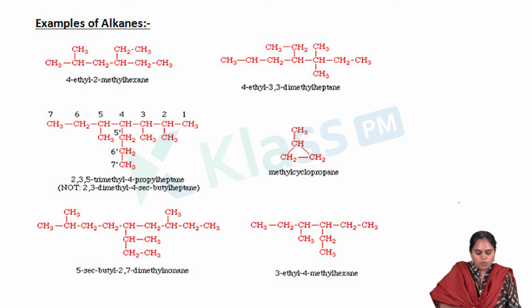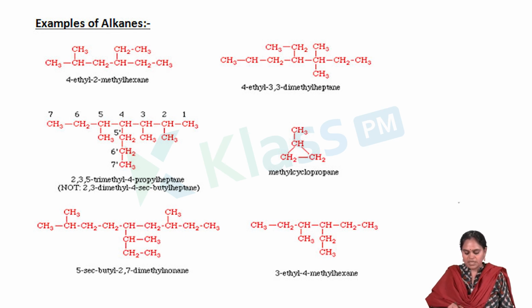See this example. 1, 2, 3, 4, 5, 6, 7, 8, 9. 9 carbons are there. So we have to give numbering from right to left. 5 sec-butyl, 2,7 dimethyl nonane.